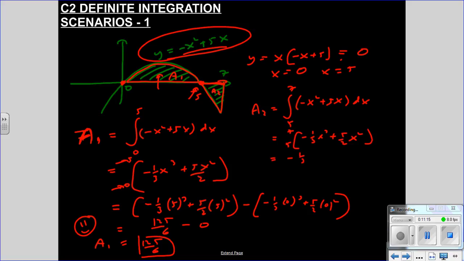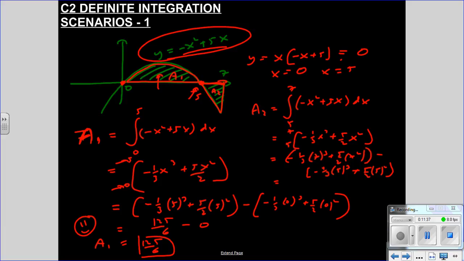Whack in your limits, so 7 cubed, 5 over 2, 7 squared, minus, and now minus a third, 5 cubed, plus 5 over 2, 5 squared. And we end up with, so minus 1 over 3.